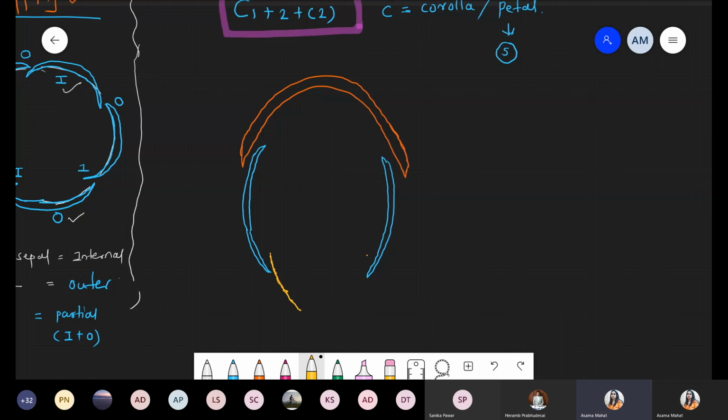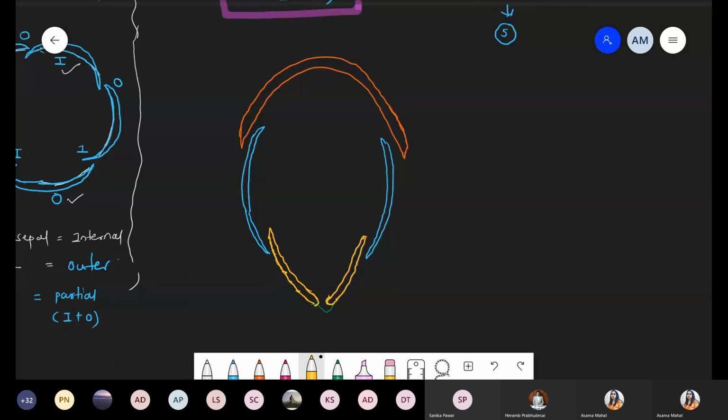These are the last petals. But now those petals will be showing fusion at the bottom. So just check, we are representing the fusion condition. Okay, such an arrangement is called axillary estivation.